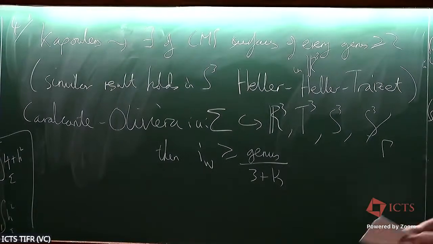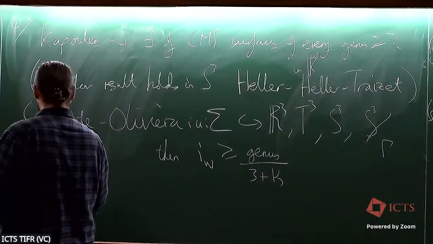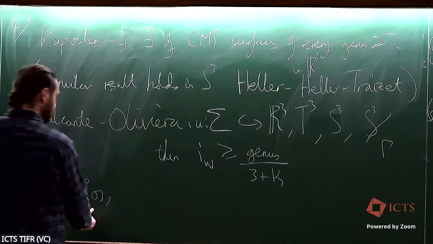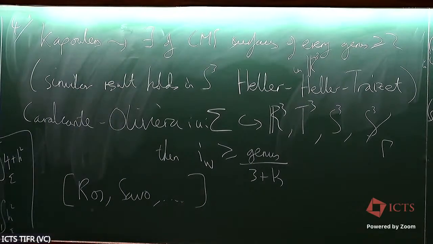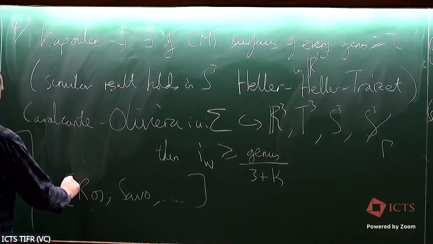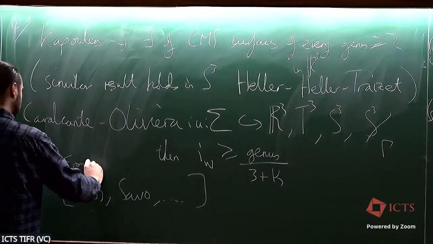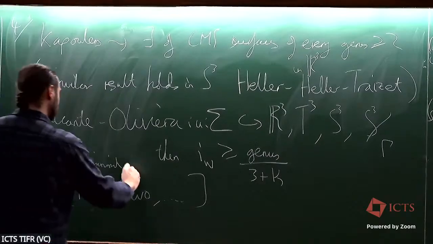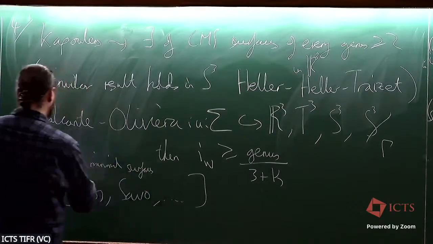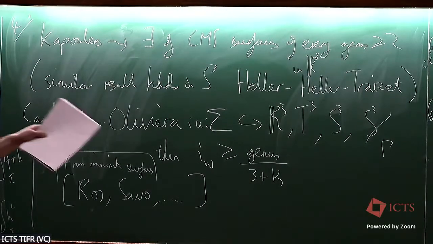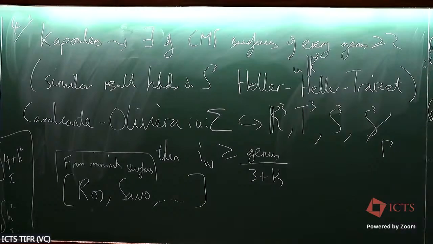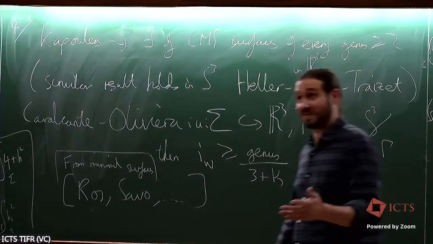This is kind of building on works of Ros for minimal surfaces, Savo, and lots of other people. For minimal surfaces, this kind of estimate is known for a larger class of ambient manifolds, but we're just looking at examples right now, trying to get intuition as to what kind of index estimates we should even expect.